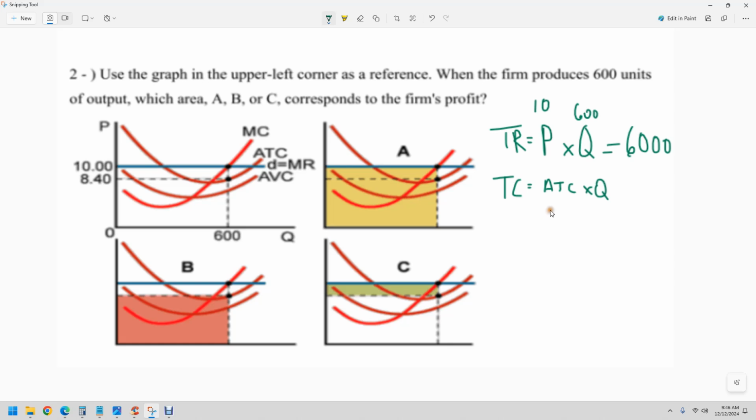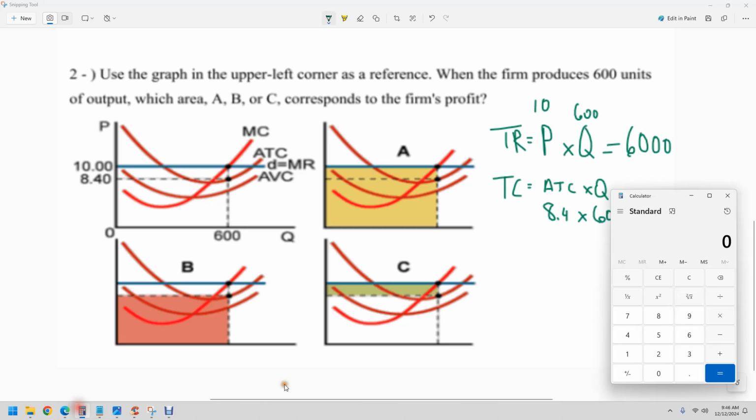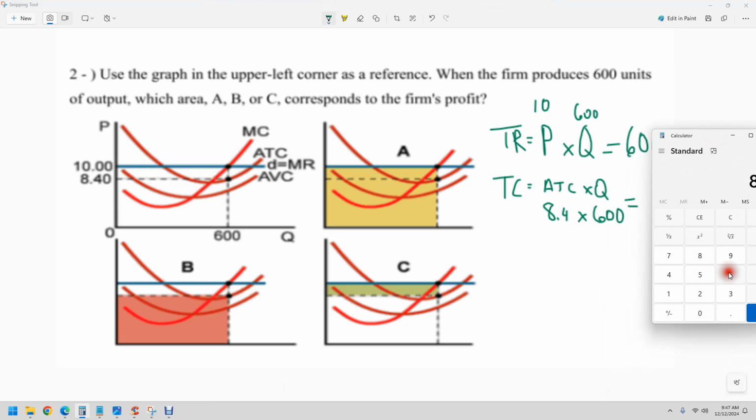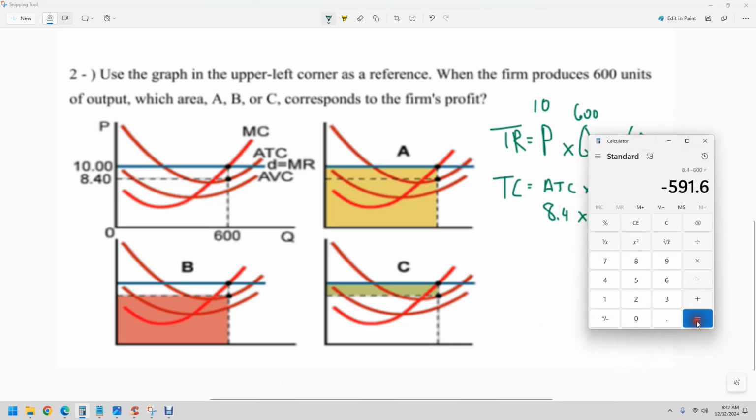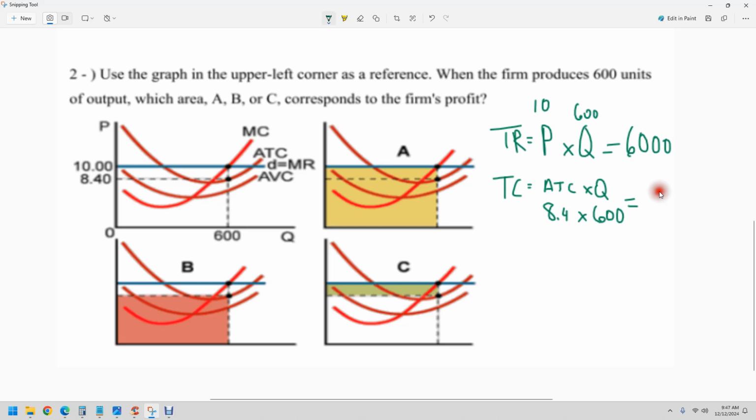And in this case, average total cost is 8.40, and I think these are Turkish lira, times 600. 8.4 times 600 is 5,040.